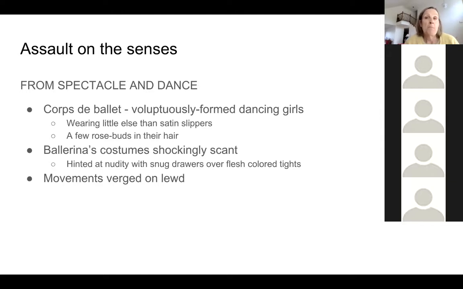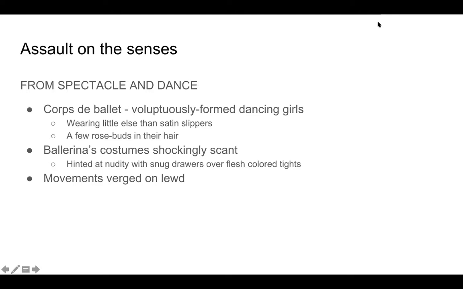But maybe it was The Black Crook. So from spectacle and dance with the corps de ballet, and this is a quote, "voluptuously formed dancing girls," and that doesn't sound like ballet. We think of ballet as very tiny stick figures, and they have practically no figure whatsoever.